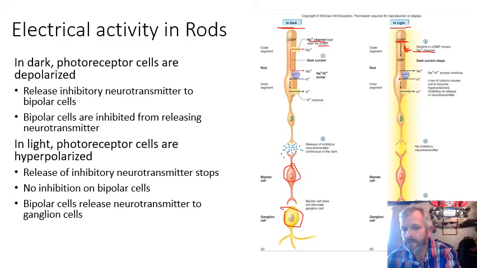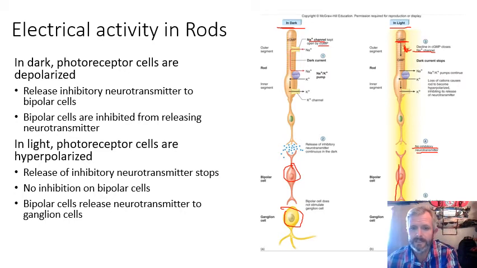It's inhibited. But when inhibited, there's no inhibitory neurotransmitter being sent to the bipolar cell, and now these cells are allowed to fire. The bipolar to the ganglion, now we get our signaling.